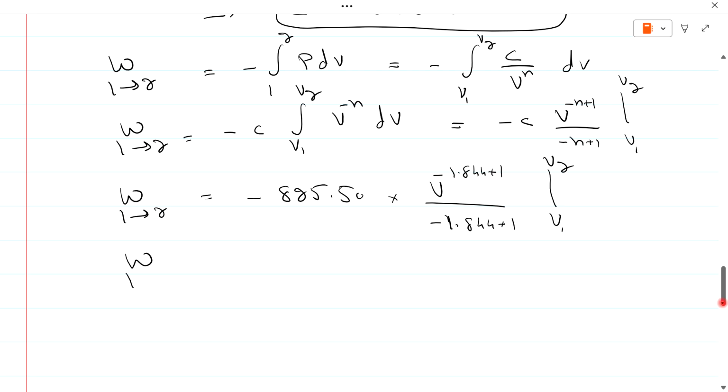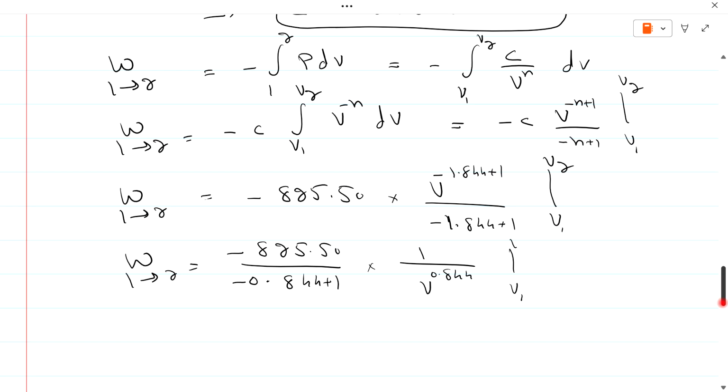So W from 1 to 2 is equal to minus 825.50 divided by (-1.844+1), which is equal to minus 0.844 plus 1, and this will be equal to V^0.844 in the denominator, plus V^0.844.